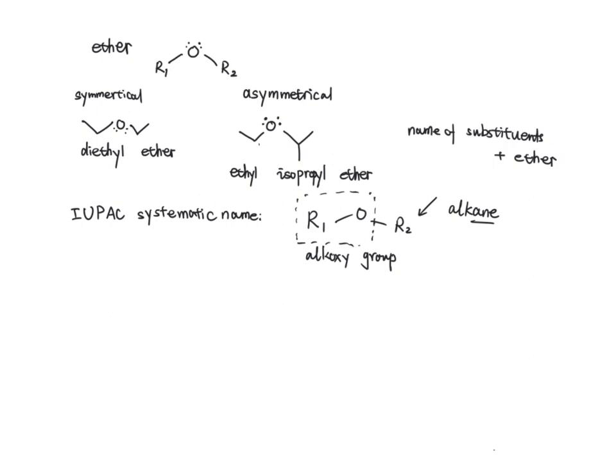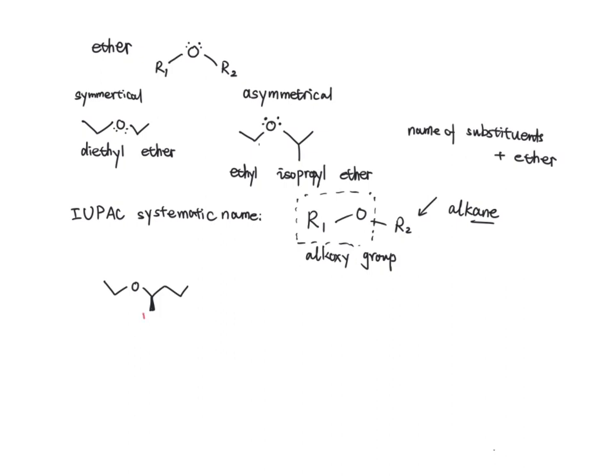Now let's look at one example. If we have this molecule right here, this is an ether. So first of all, use the longest carbon chain as the alkane. So that longest one will be 1, 2, 3, 4, 5. And then we will number it following the numbering rule for the parent chain, to give the substituent the lowest locant possible.